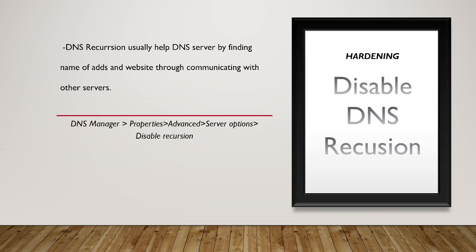Now, DNS recursion usually helps the DNS server by finding the addresses of websites through communication with other servers. Addresses, excuse me. And this is done when you go to DNS Manager, Properties, Advanced, Server Options, and then boom, disable recursion.